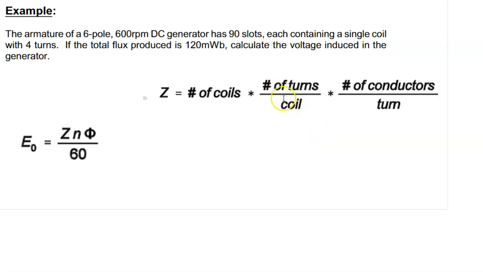The number of turns per coil and the number of conductors per turn. If you recall the diagram that we had, which described the generator, you can go back to page 40 for that, or you can look at the ones where we did torque production in the motor, where we called it ABCD, and 2 of the conductors are parallel with the flux, so they of course don't cut flux, and so A, B and C, D are the 2 conductors per loop or per turn.